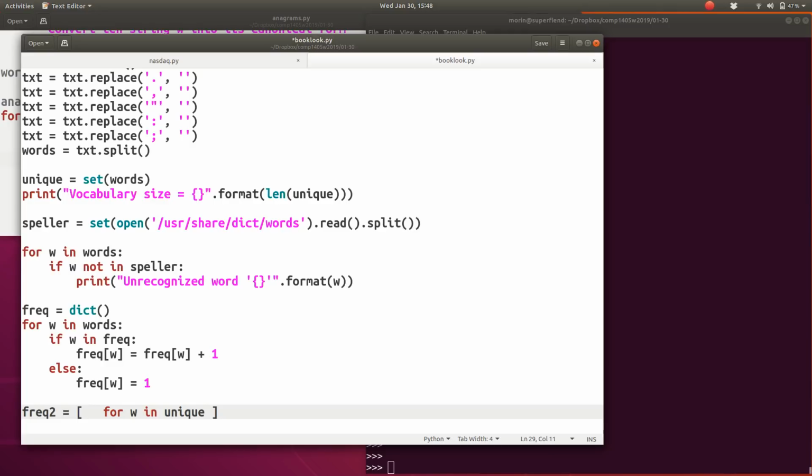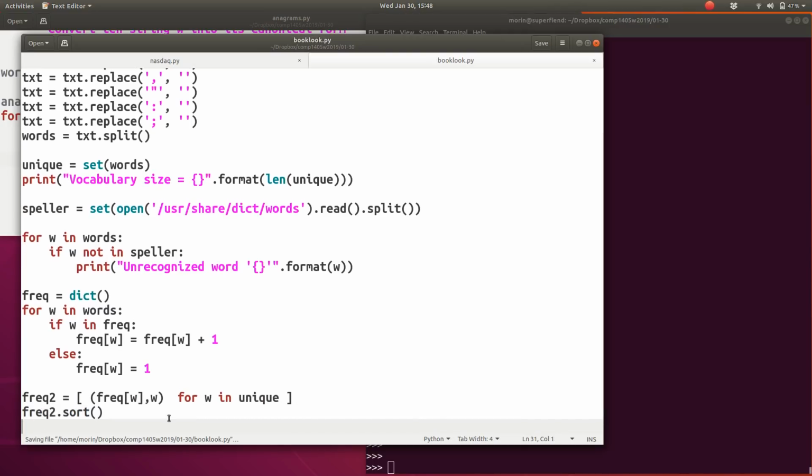We would like the number of times it occurs, and we would like the word itself. So we'll make a pair. First element of the pair is the number of times the thing occurs, and the second element of the pair is the thing itself. And we'll sort that.